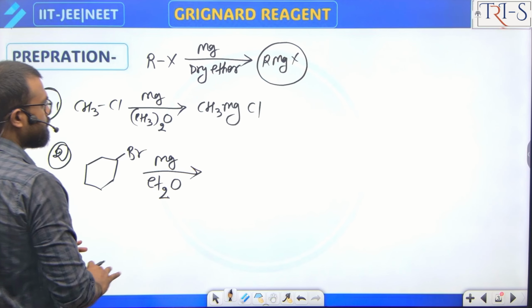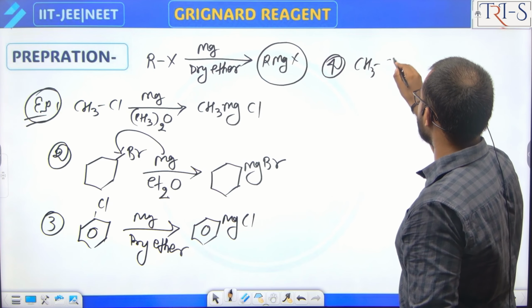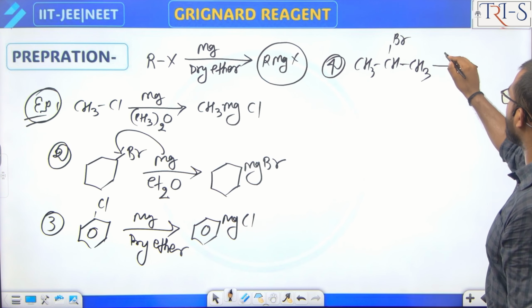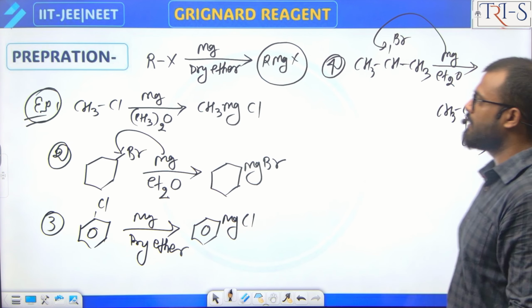Chlorobenzene reacts with Mg in dry ether to give phenyl magnesium chloride. 2-bromopropane, CH3CHBrCH3, reacts with Mg in dry ether to give CH3CHMgBrCH3. Mg inserts between the CH carbon and halogen and makes a Grignard reagent.